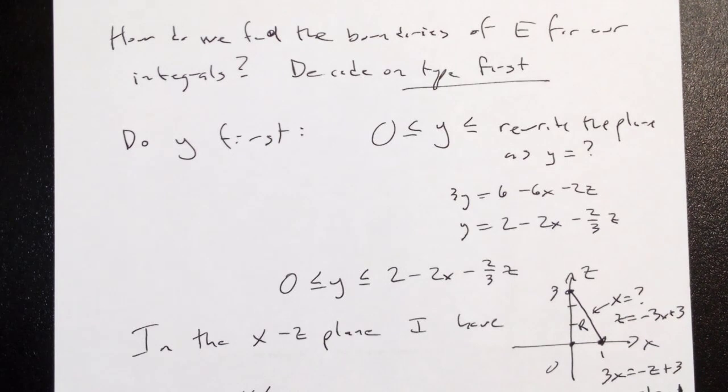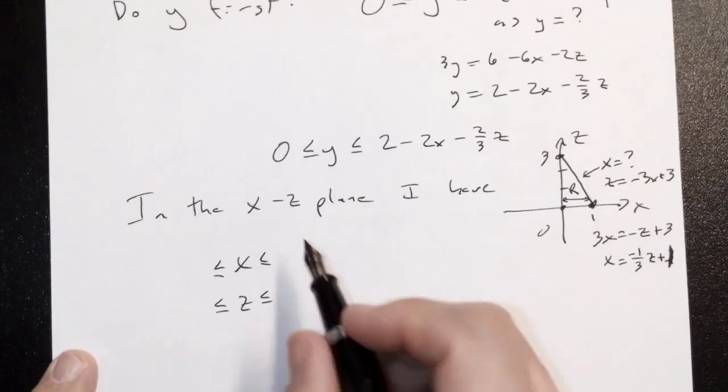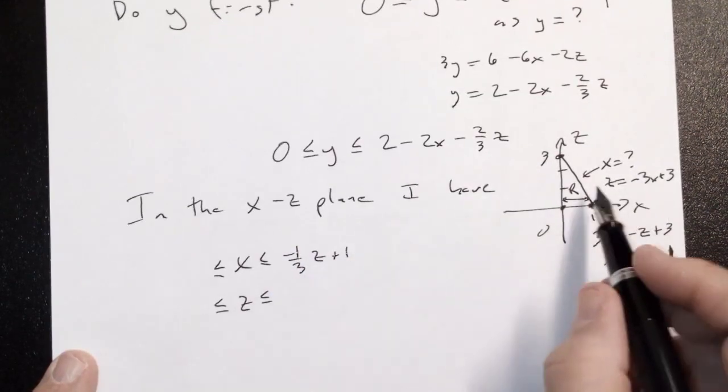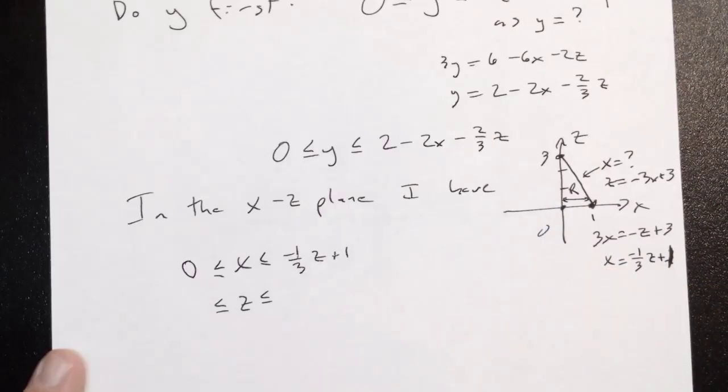Got to write it down right. So that would be the upper x, right? I'm going x first. So that would be this x, negative 1/3 z plus 1. And the left x would be 0. And then z goes from where to where?